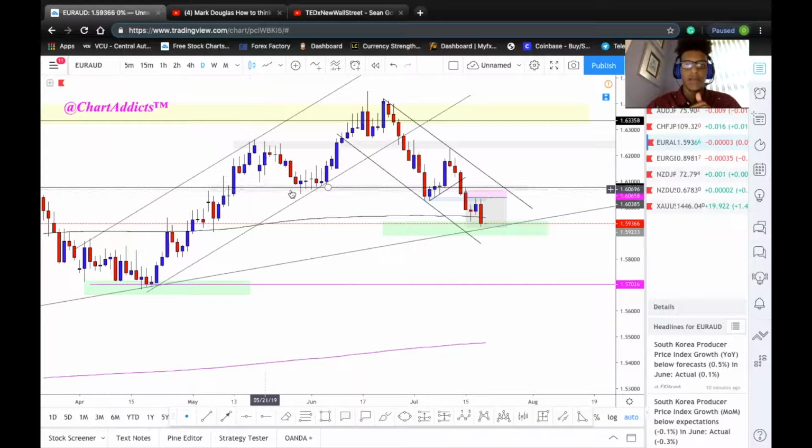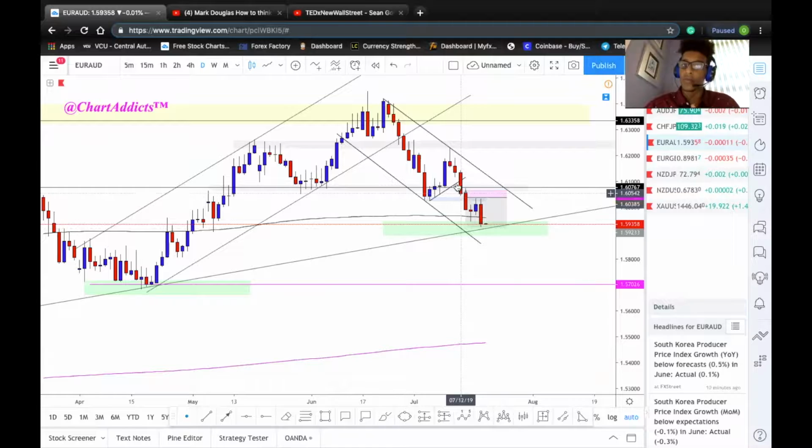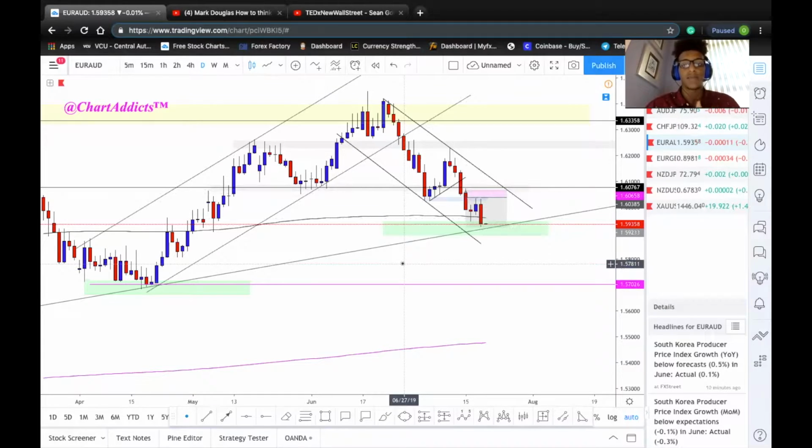We did take profits at the neckline. We also called a buy. This was about a 150 pip drop, a 100 pip move up to the upside, and we sold at the break of this trend line for again another, I believe, 100 pip move to the downside. We got that retest, and then we entered again for another 70 pip move.